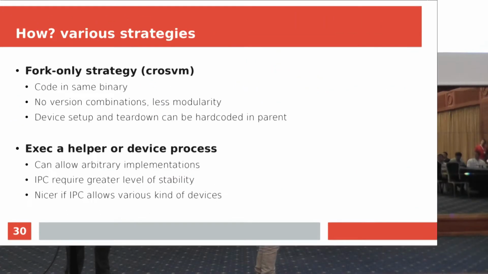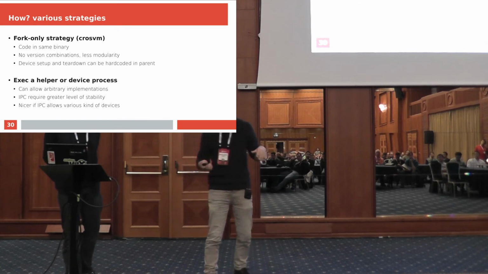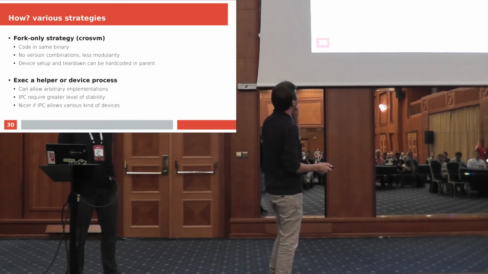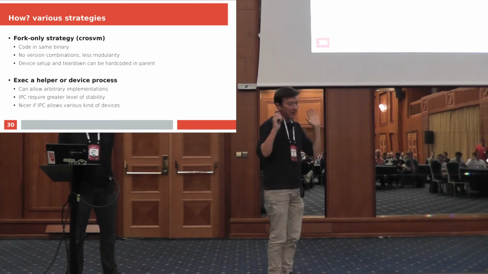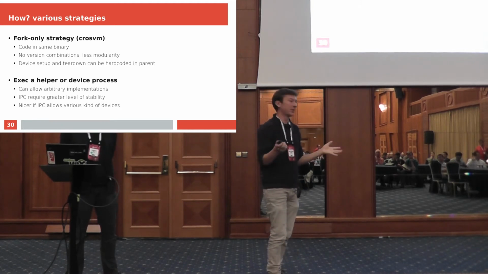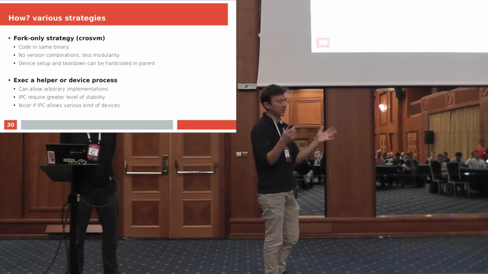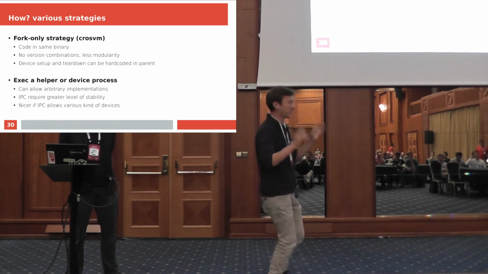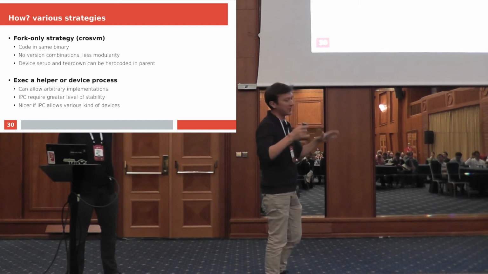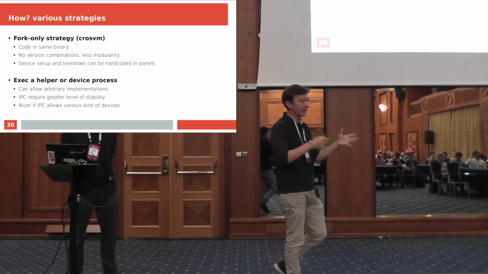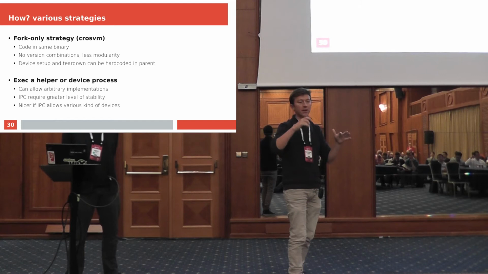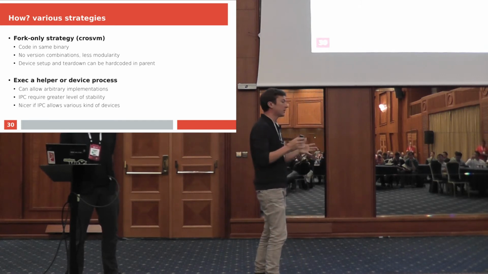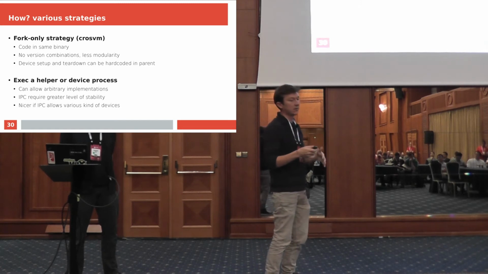So how do we do that? There are a lot of strategies to do this multi-process thing. The obvious thing is we could keep a single binary, and we could set up devices or the work in QEMU and then just fork it and jail it and what not. This is one approach that crosvm has taken so far.